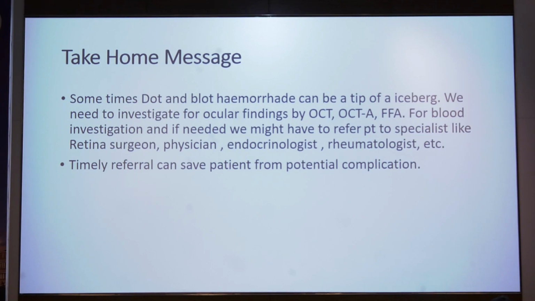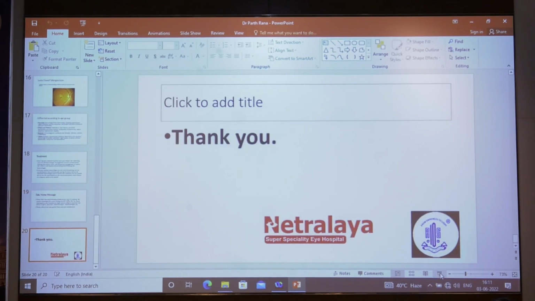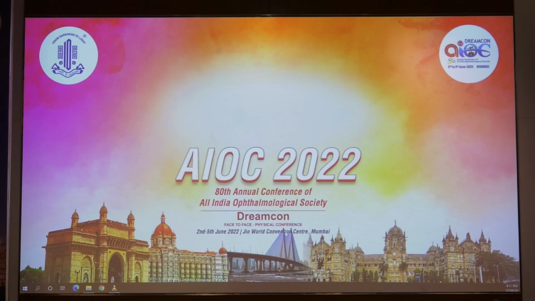Very nice overview of these fundus findings, dot and blot hemorrhages. You rightly pointed out, Dr. Parth, that it's the coexisting features in the retina which help us make the diagnosis. The dot and blot hemorrhages only bring to our attention that there is something wrong in the retina. There are very few conditions where you will have isolated dot and blot hemorrhages and nothing else.